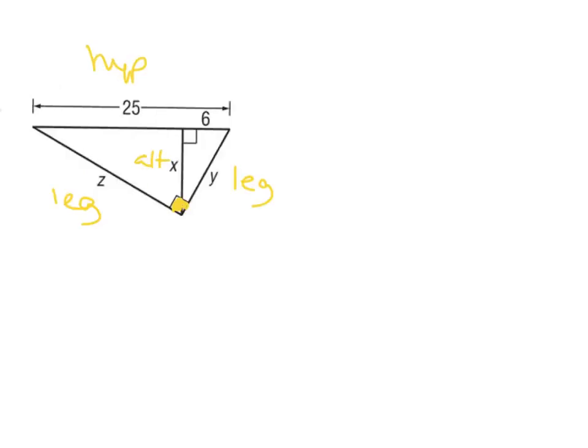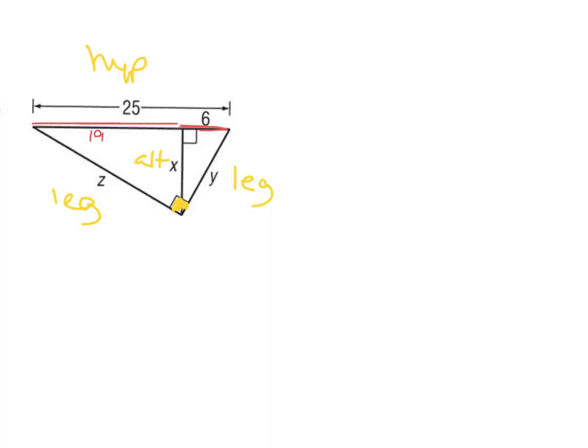I'm going to go ahead and start off by finding the altitude. Now when we're finding the altitude, we need part and part. So if the whole thing is 25 and the right has a value of 6, 25 minus 6 comes out to 19. We're going to need that 19.